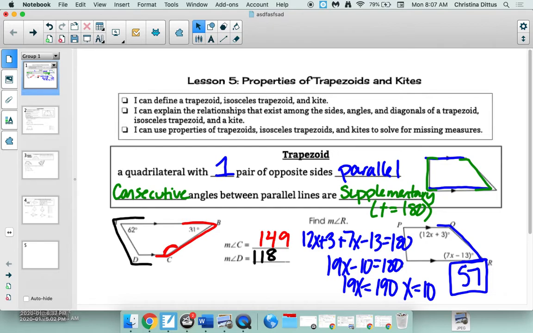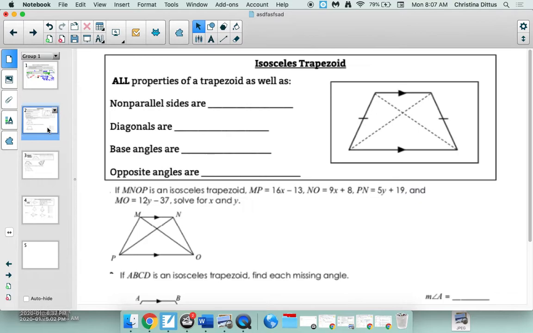Alright, there is a special kind of trapezoid. It's called an isosceles trapezoid. You guys remember what isosceles meant, like in triangles? Yeah, two sides are the same. So guess what? The sides that aren't parallel, we still have a pair of parallels.